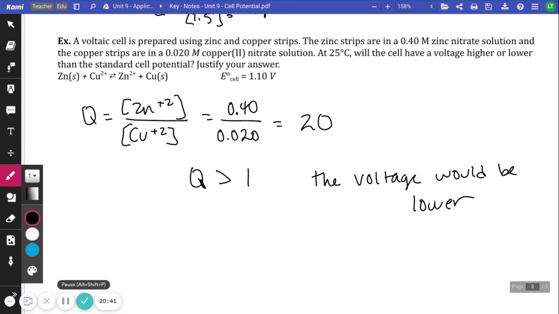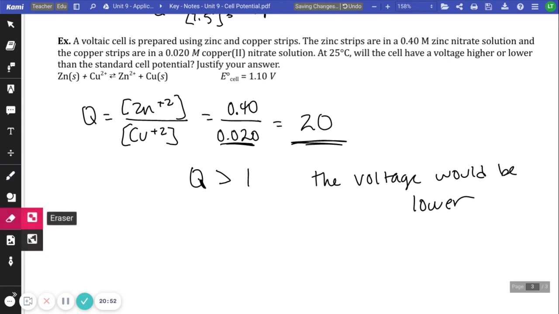Okay, so what we see is that our Q value is 20. So Q is huge, and we see that we have a lot less reactant concentration than product concentration. Our reactant concentration is 0.020 versus our product concentration, which is 0.4. So our Q is going to be greater than 1.